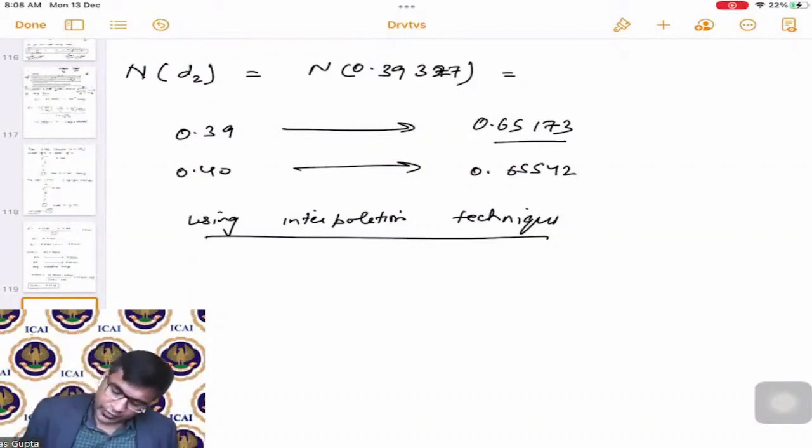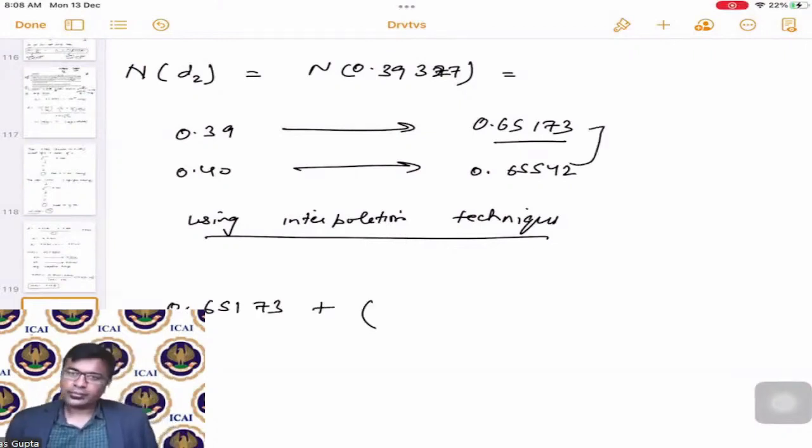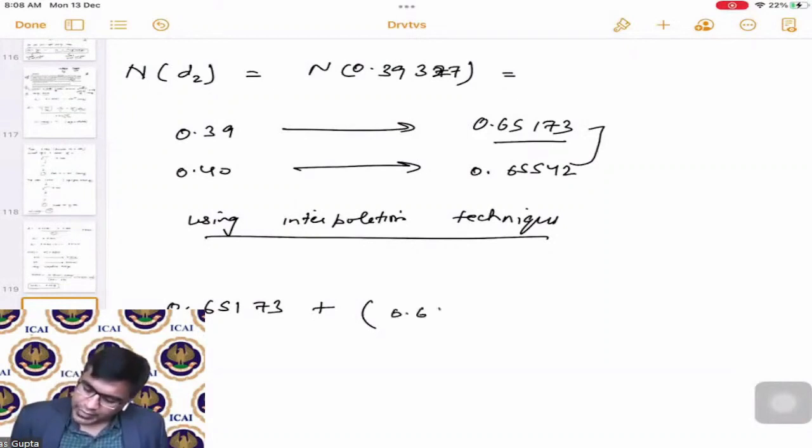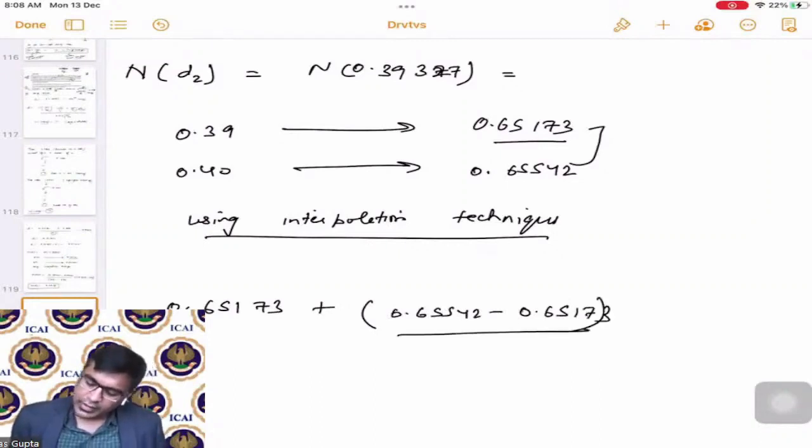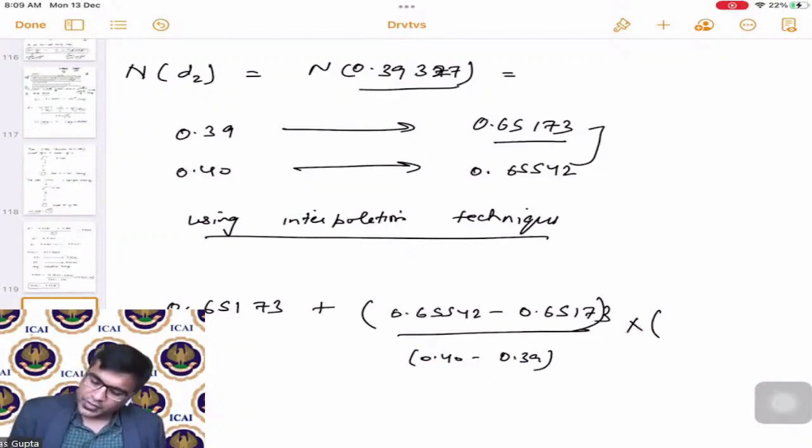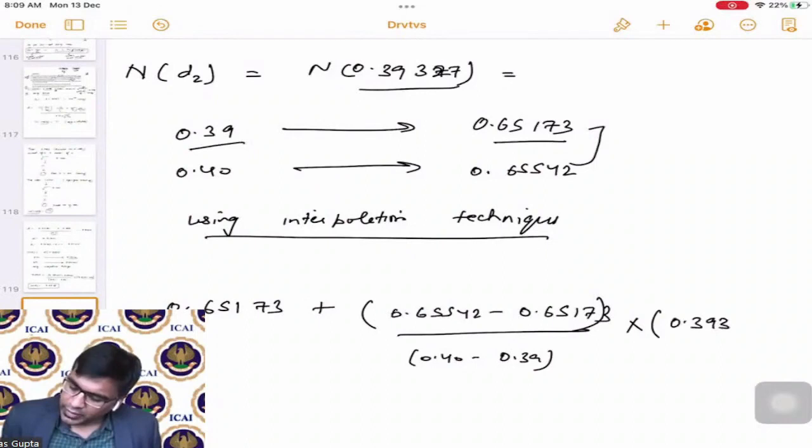We will always start with the lower value, 0.65173, plus the difference between these two, correct? 0.65542 minus 0.65173, this whole divided by 0.40 minus 0.39, this multiplied by the difference of the observation minus the lower value, 0.39327 minus 0.39 itself.